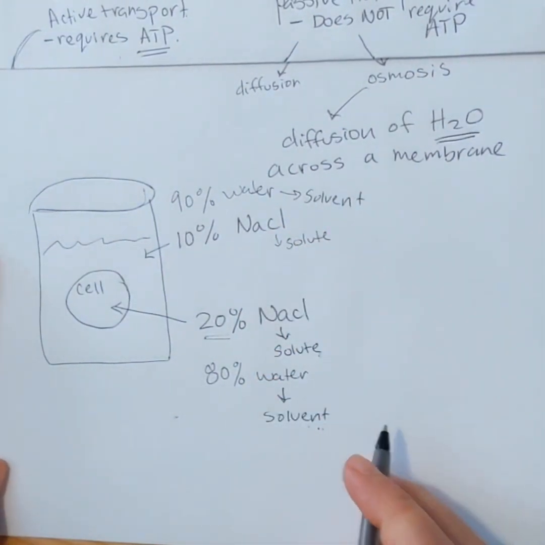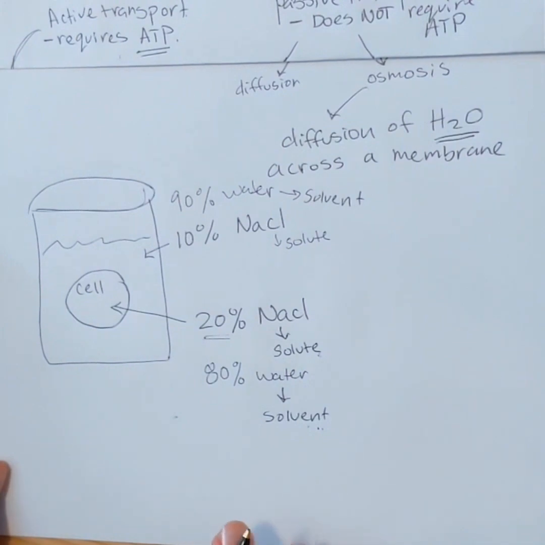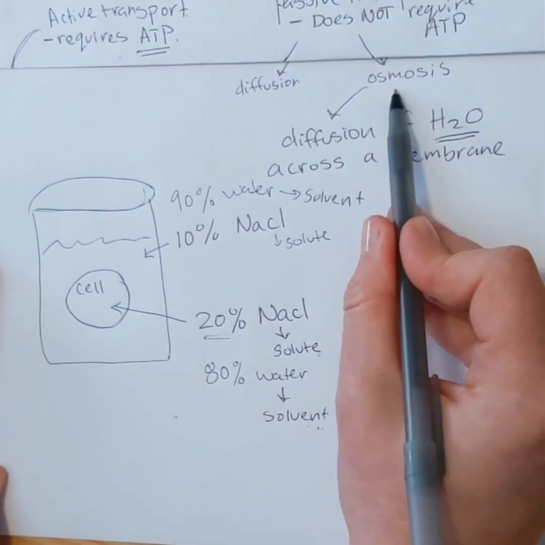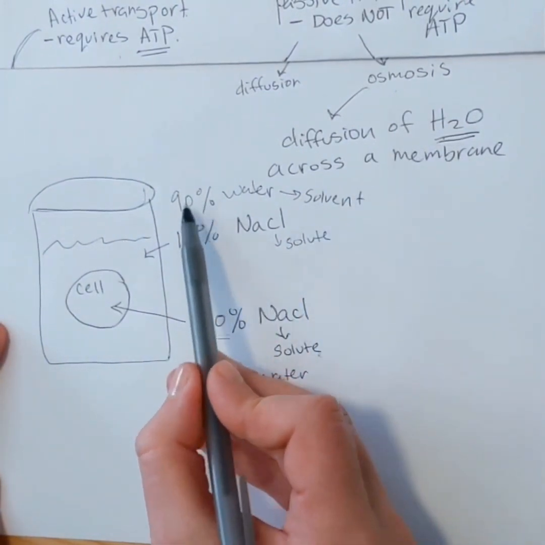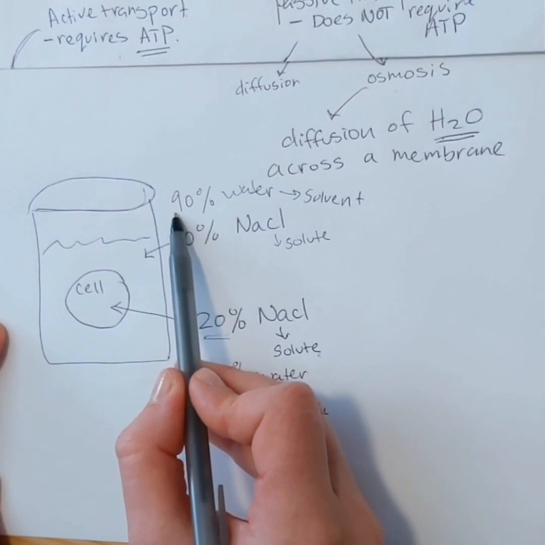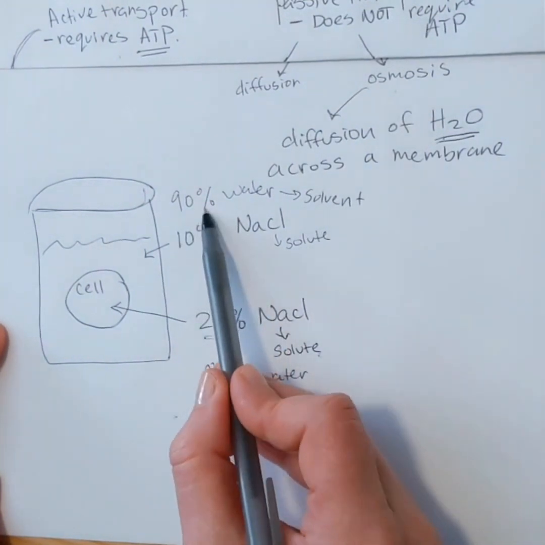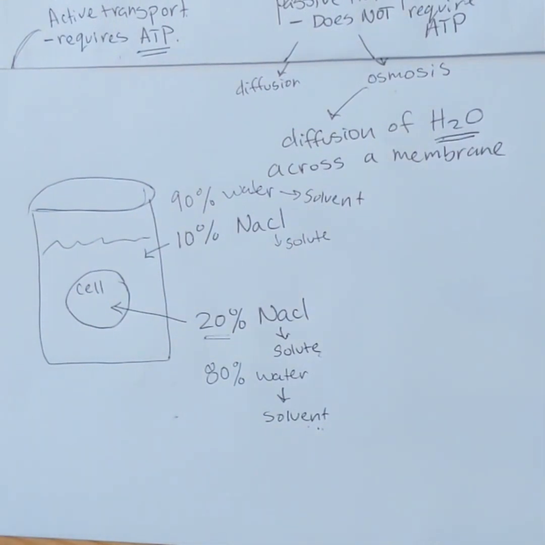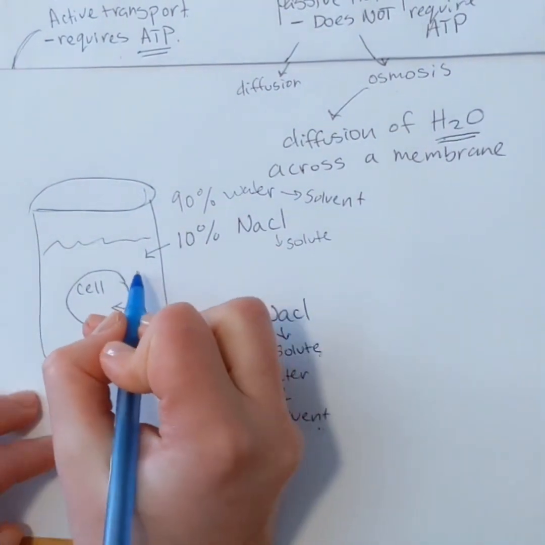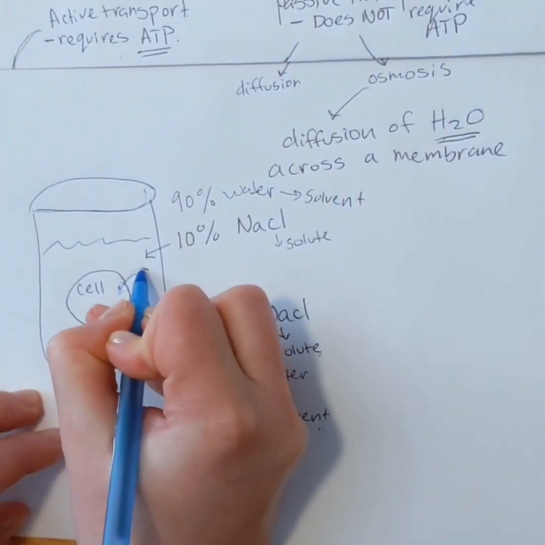Now we know that in diffusion, you go from high concentration to low concentration. And osmosis is the diffusion of water. So I'm going to have my water move from wherever there's a higher concentration to a lower concentration. So the water is going to move from the solution.